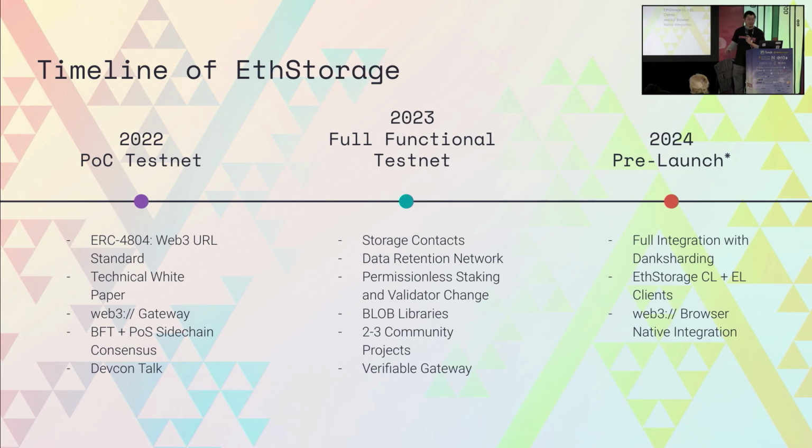Early this year, we are going to launch another testnet with almost all the features that I just described, with maybe 10 terabytes or 100 terabytes of data, so that we can experiment with decentralized Git, decentralized Wikipedia, all kinds of crazy ideas using EVM and storage. So we welcome community members to join and become either a validator node or a storage node and develop amazing applications on top of that.